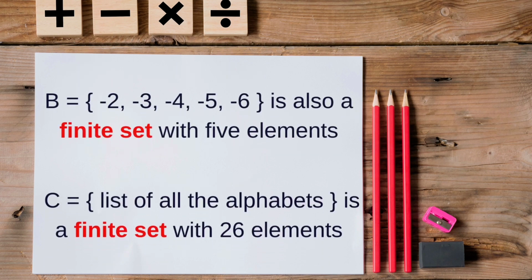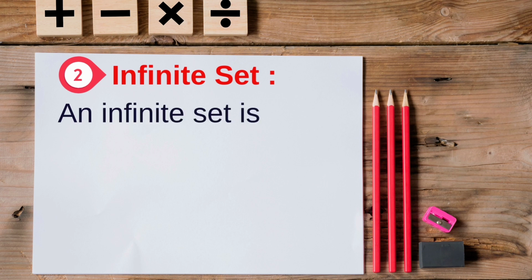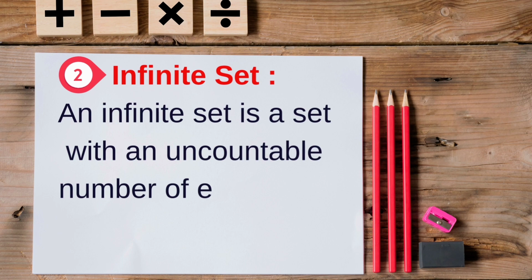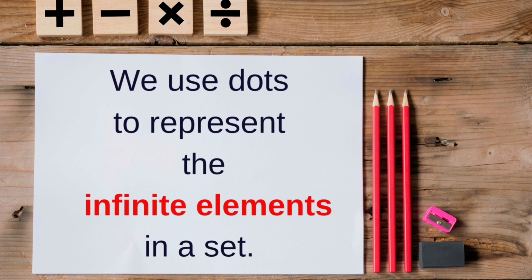In each example, it's observable that you can actually count the elements contained in the sets. Number 2, infinite sets. A set is said to be infinite when the elements are uncountable. We use dots to represent the infinite elements in a set.